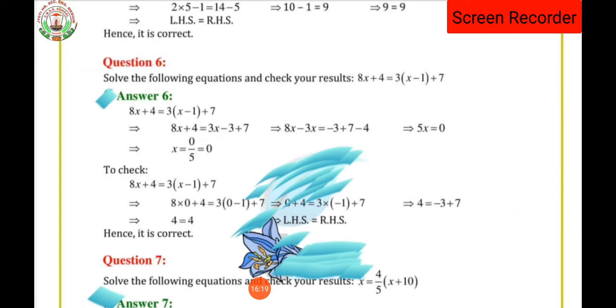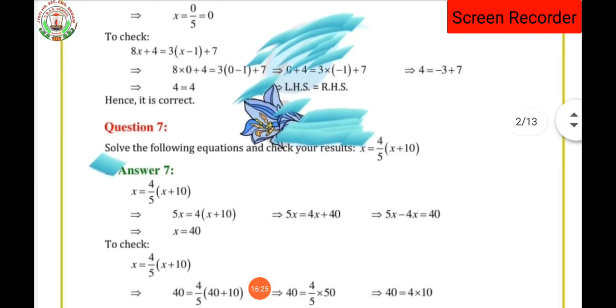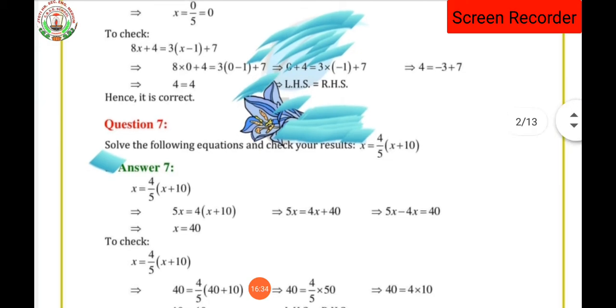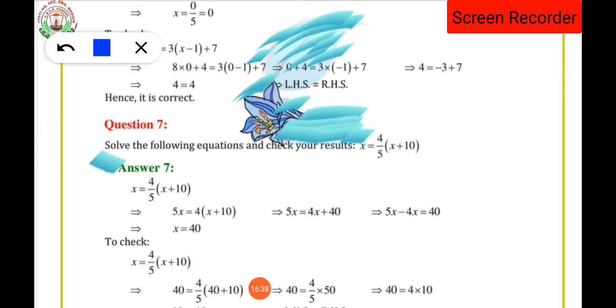Now for question number 7, you can see the equation we are having, that is x is equal to 4 upon 5 into x plus 10. This is the equation we are having, isn't it? So x is equal to 4 by 5, inside the bracket x plus 10 is there. So we have to solve it.